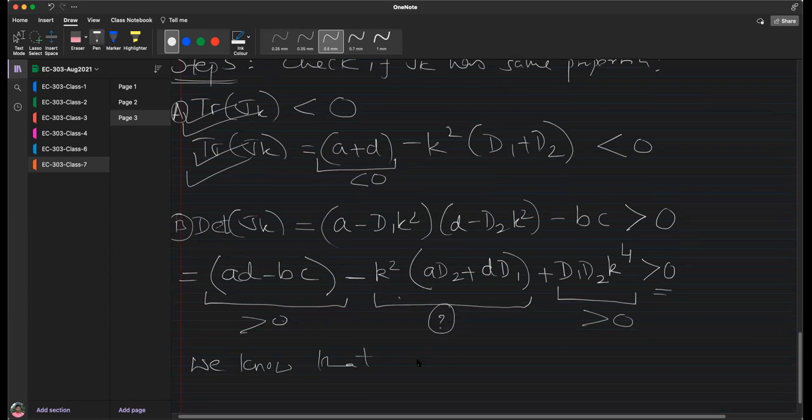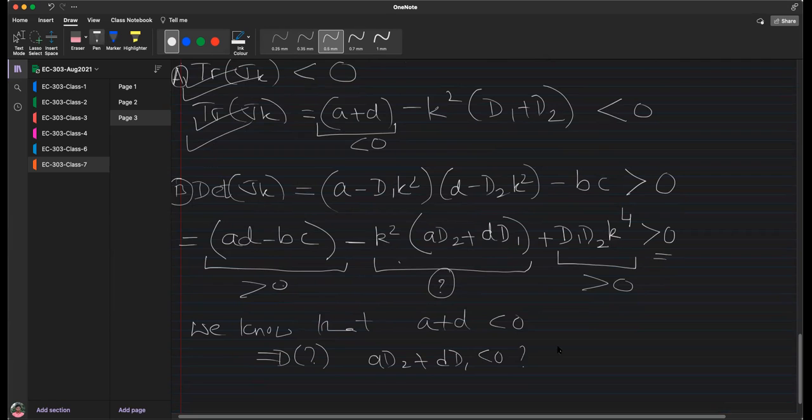A plus D is negative. Does it mean, with a question mark, that AD2 plus DD1 is negative? It's a question mark, I'm asking you. Won't that depend on the strength of the diffusion coefficients?